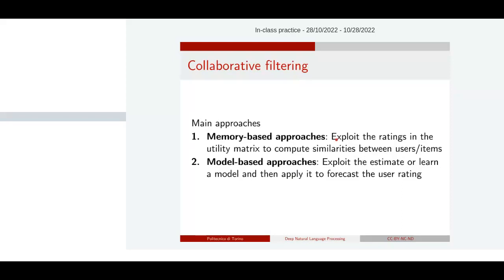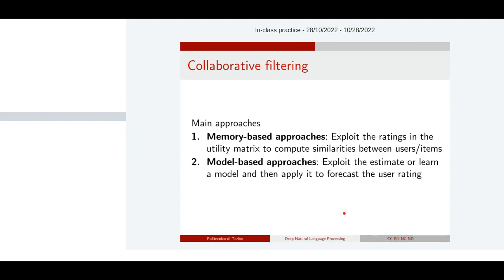And then there is another kind of collaborative filtering model called model-based, which tries to estimate the rating of a user to a particular item using some machine learning models. So you build a model that estimates the missing values in the utility matrix.